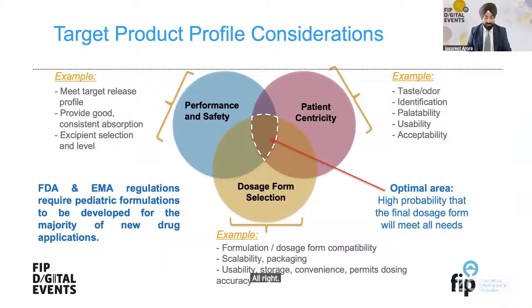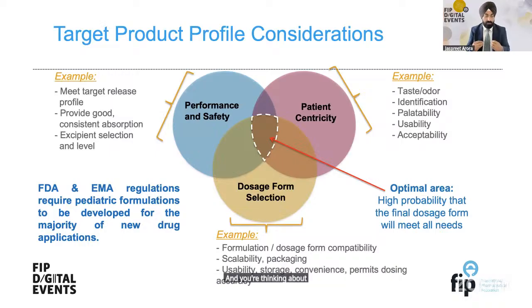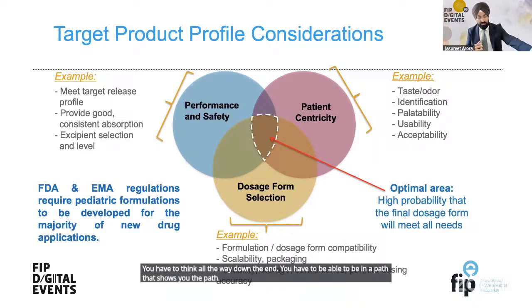All right, I have mentioned this in a couple of slides. Target product profile. What does it mean? So when you decide to work in an indication or a disease area, and you're thinking about how you're going to develop the drug, you have to think all the way down to the end. You have to be on a path that shows you the light at the end of the tunnel.